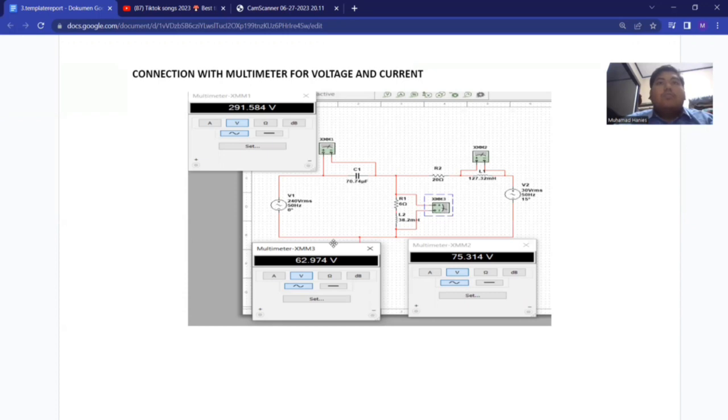Okay, from this circuit, we will find the V peak for each component, for capacitor, inductor, and also the load.